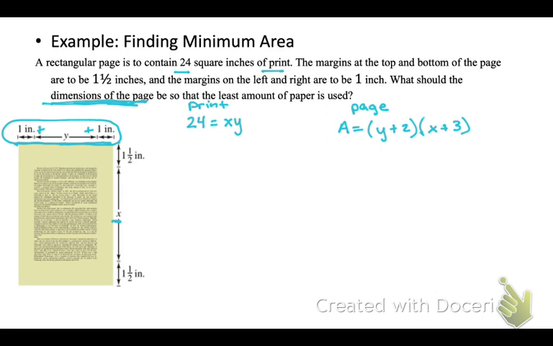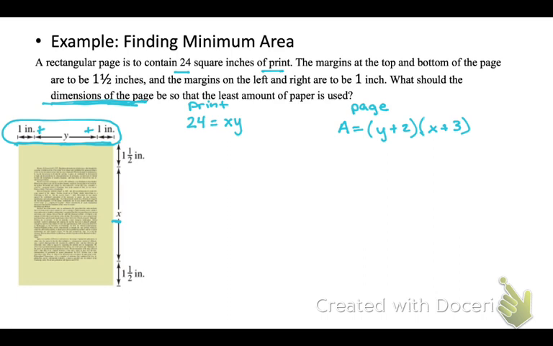Yes. It just depends on what the problem's asking. Right, you will always have 2 equations. Like the last one, we had surface area and volume. And this one, we have 2 areas because we have the area of the page and the area of the print. All right. This is getting confusing, but we got it, Miss May.